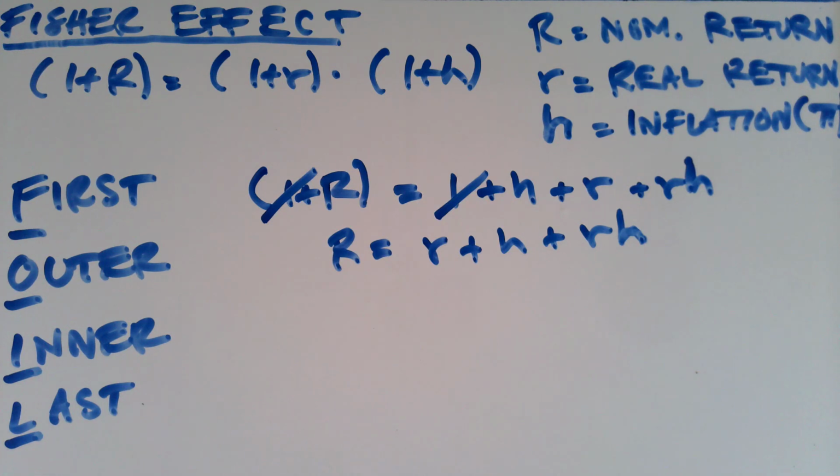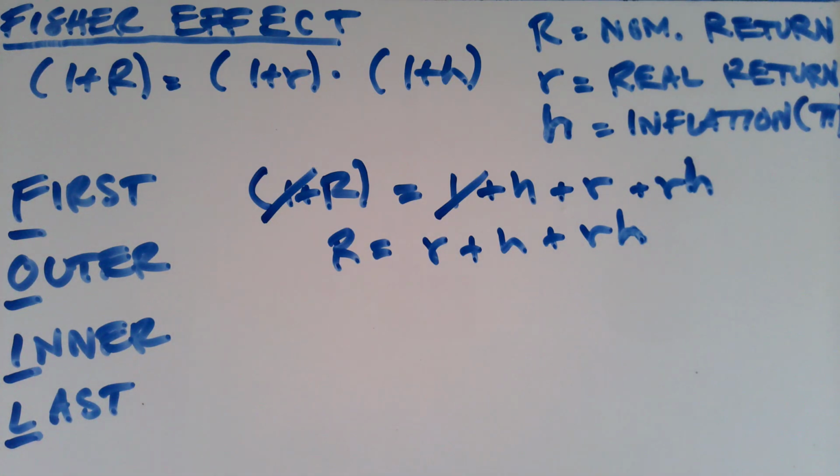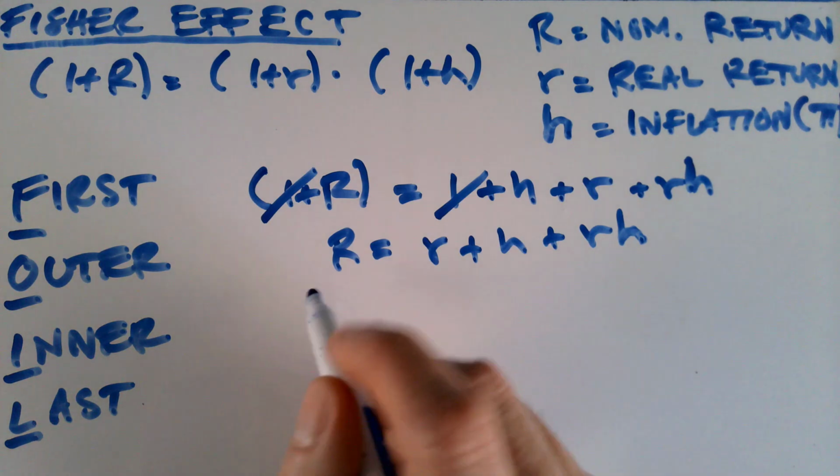Okay, now that we have big R, we could try to solve for the other two things. And it turns out it's actually easier if we go back to our original formula to do that rather than to try to work with this formula down here. So let's do that. Let's start by calculating the real return. To do that, I would divide both sides by 1 plus h.